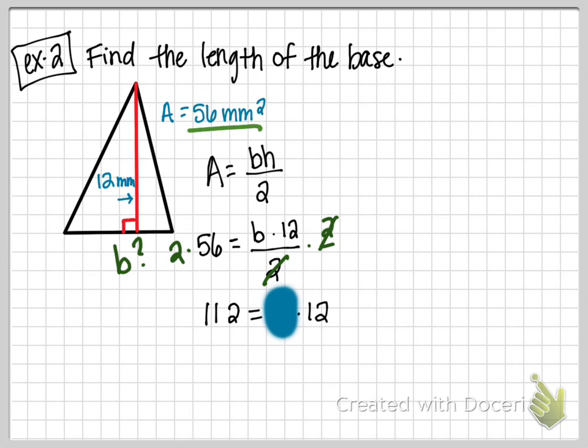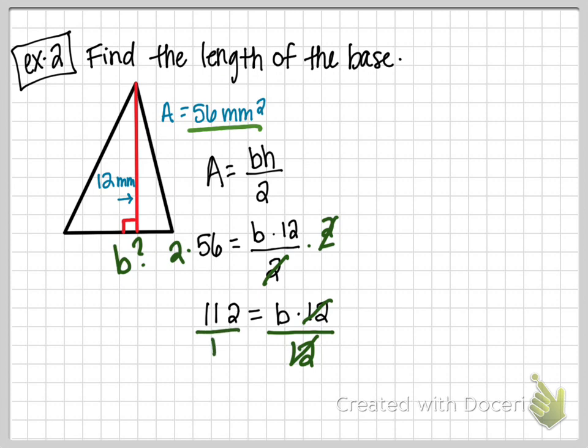This is B times 12. In order to get B by itself, we need to do the inverse operation of multiplication. What's the inverse of multiplication? Division. So we need to divide by 12 on both sides, because then we get B by itself.